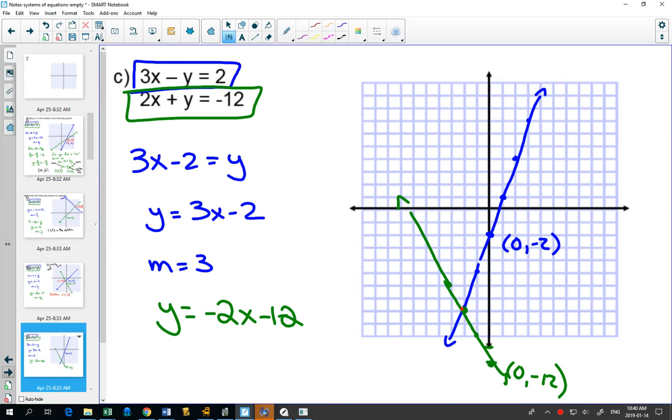And that's enough to find out that our solution is at negative 2, negative 8.